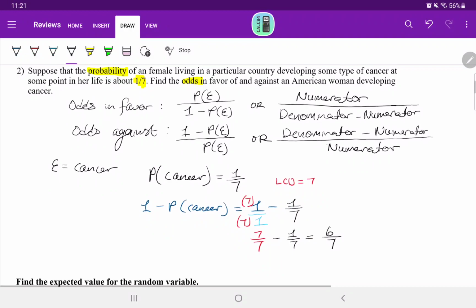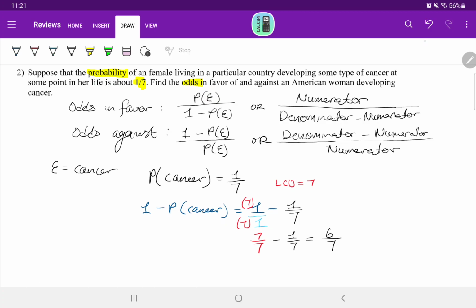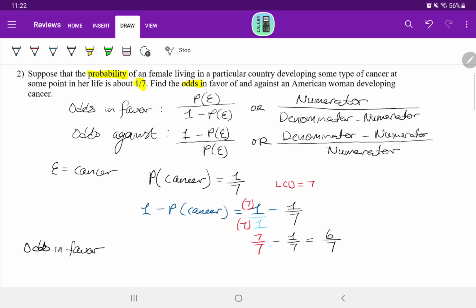Now, let's find the odds in favor using this format. That is going to be 1/7 divided by 6/7. Both fractions in my numerator and denominator share a 7. That is going to be 1/6. Because this is a ratio, odds the ratio, that will be 1 to 6. That is the odds in favor.